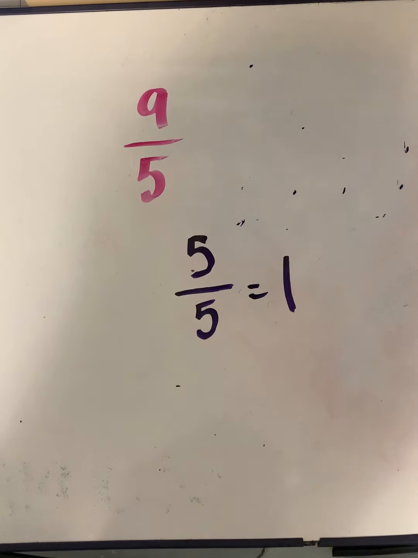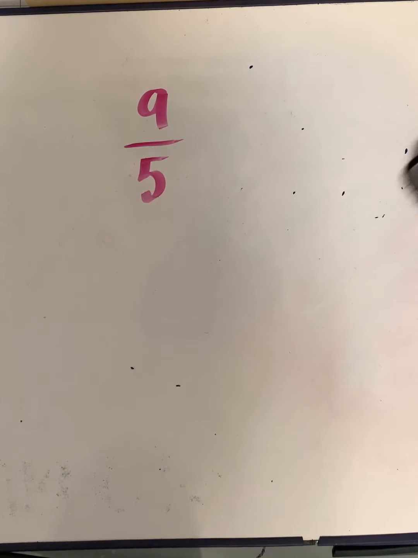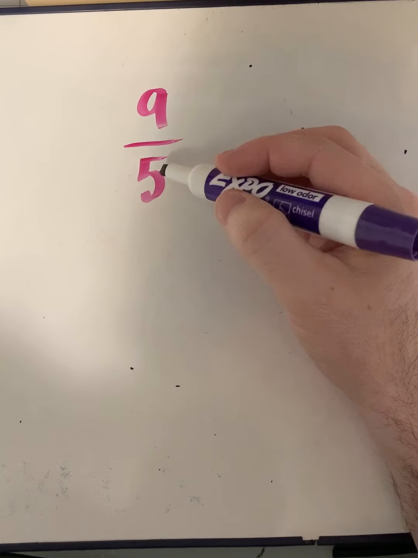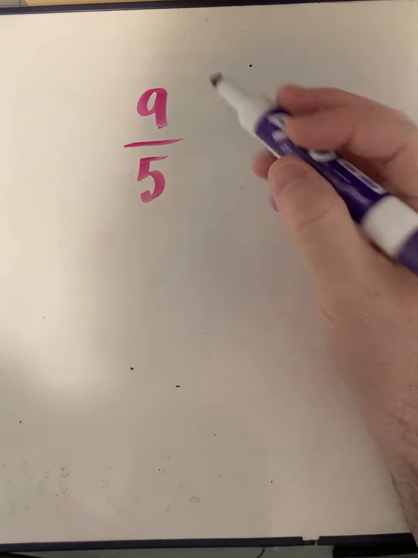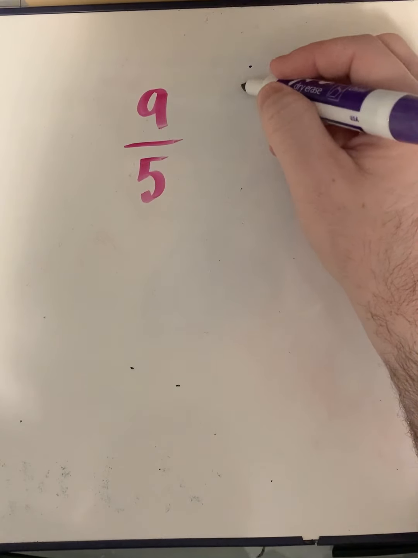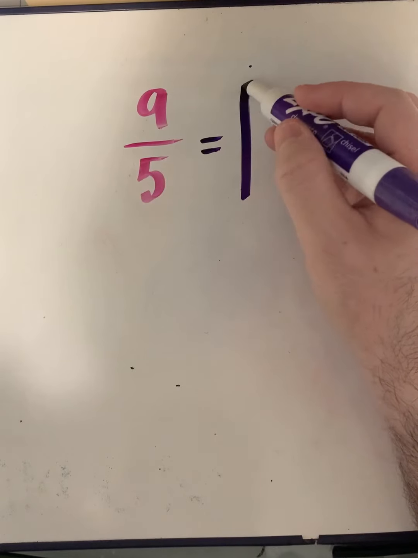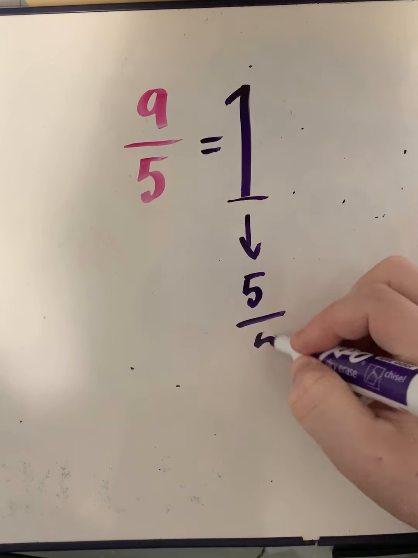And there's a couple of different ways to approach this. Again, this is a grade 7 and grade 6 kind of reminder, but just so we know, I look at this and I say, okay, how many 5s go into 9? Well, 1 five goes into 9, right? So that 1 is representing 5/5.